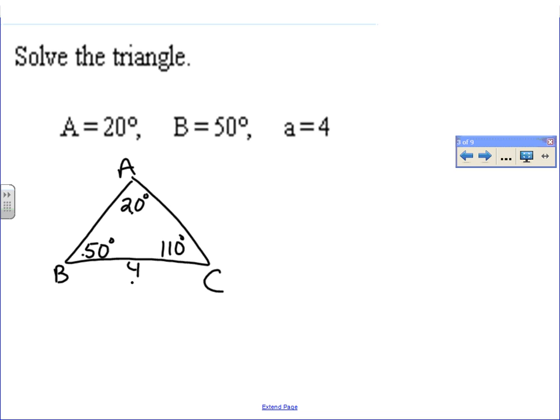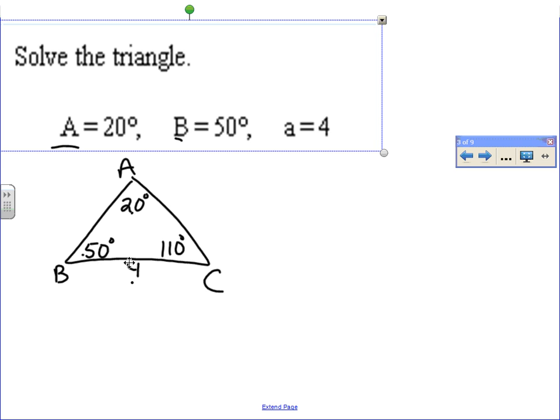You had two angles and a side. So that means we would use the law of sines. Notice on this one, they don't use the Greek letters this time. They use the capital letters. So we do a over sine A equals b over sine B equals c over sine C. So a over sine A would give me 4 over sine 20.